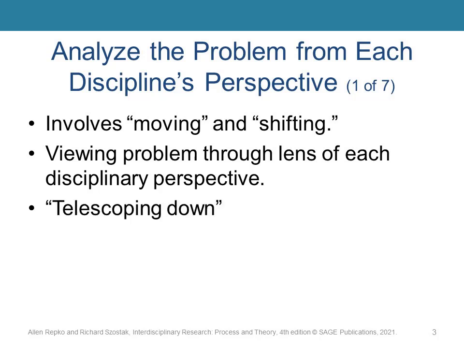Throughout this first substep, we will use a telescoping down strategy. We start with general disciplinary perspectives and then apply them to a specific problem or research question to identify specific insights.